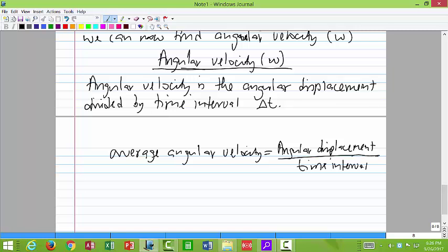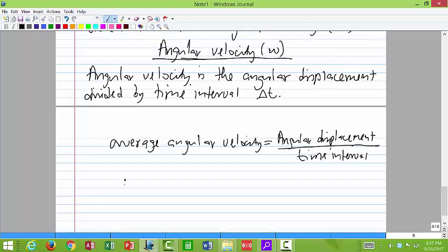A lot of what we are doing is following the same line as what we did for linear velocity. We first found the displacement, and from there we could find the linear velocity as a displacement with respect to time. So we are doing the same thing here. Our angular velocity is just the angular displacement with respect to time.